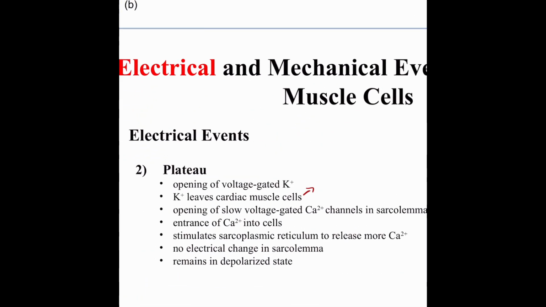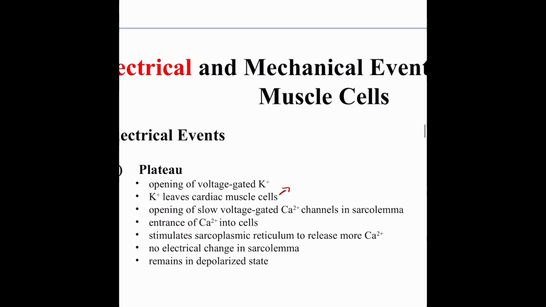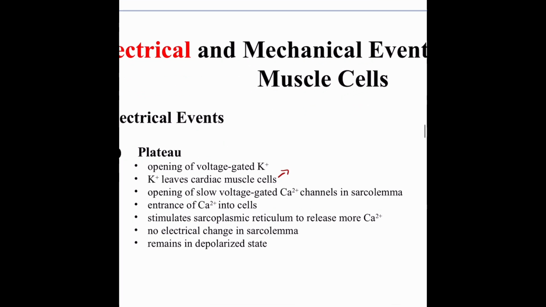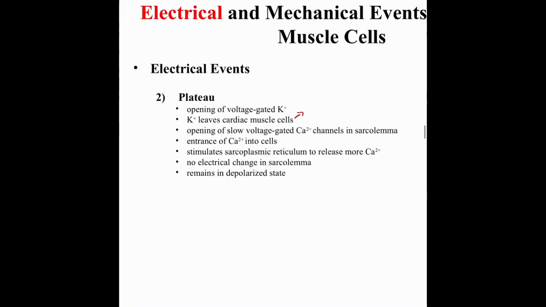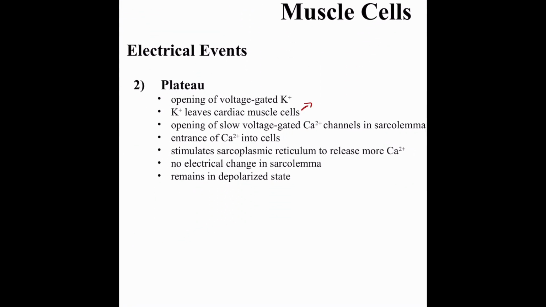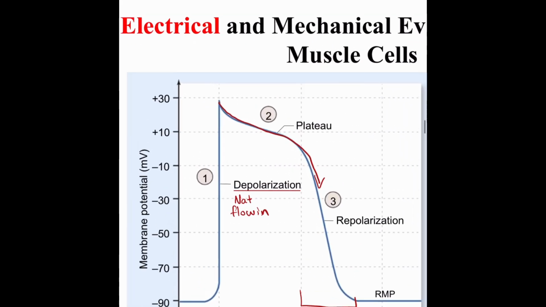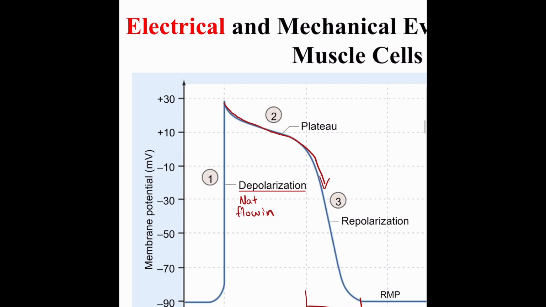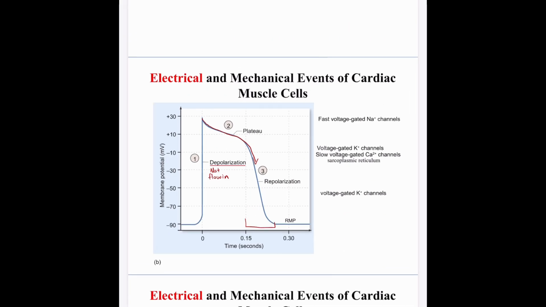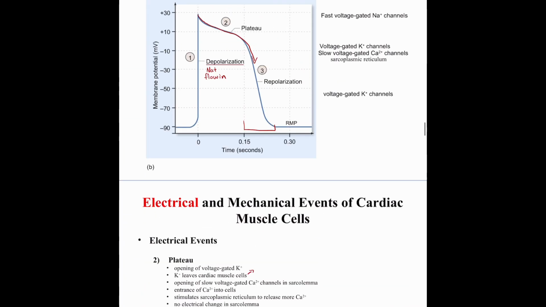So here we'll read that the potassium, bringing us back to a little negative, will open the slow voltage-gated calcium channels in the sarcolemma, and that allows calcium to enter cells. And then there is no electrical change in the sarcolemma, and it remains in a depolarized state, right? So we're like in this weird state, and then we will repolarize.